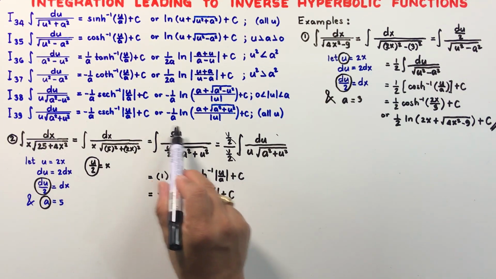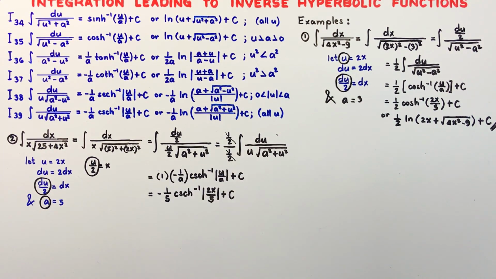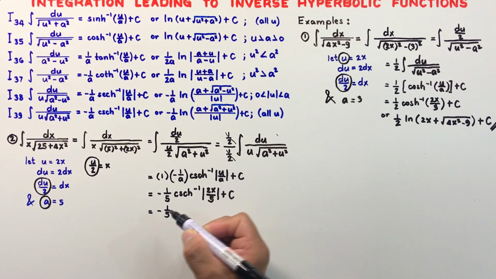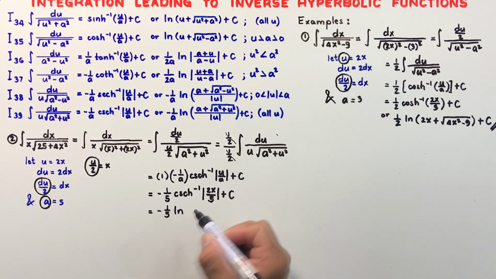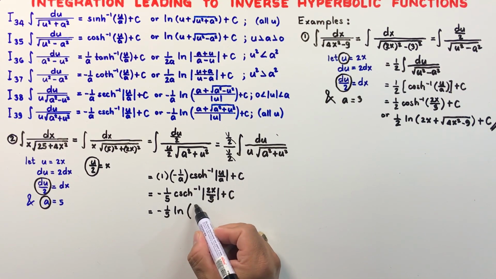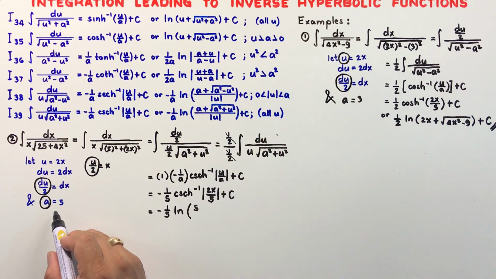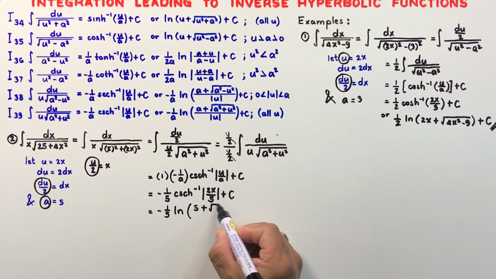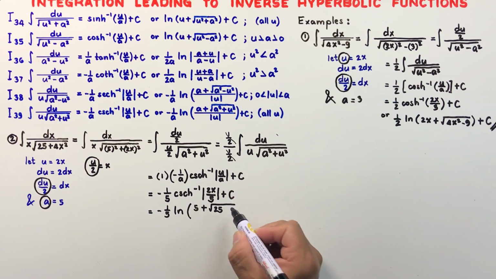Or you may write its equivalent logarithmic form, which is equal to the negative 1/5 of the natural log of 5, because a is 5 here, and then this is added to the square root of your a squared, and your a is 5, so you square, that's 25, plus the u squared.